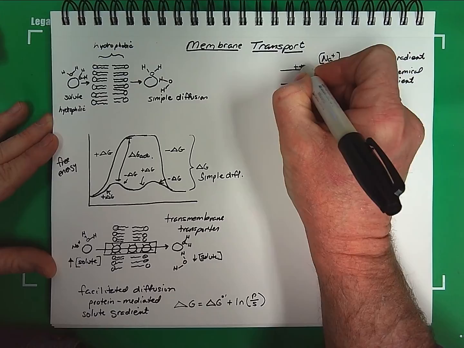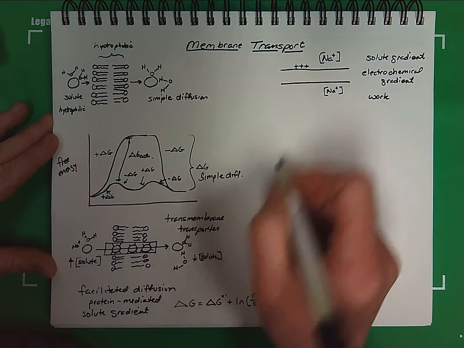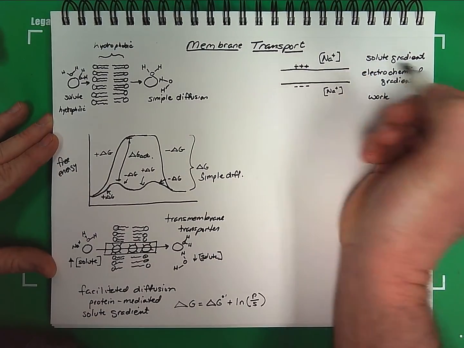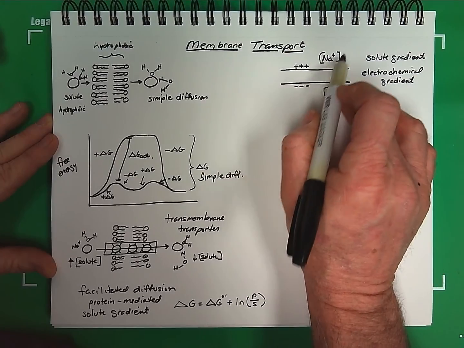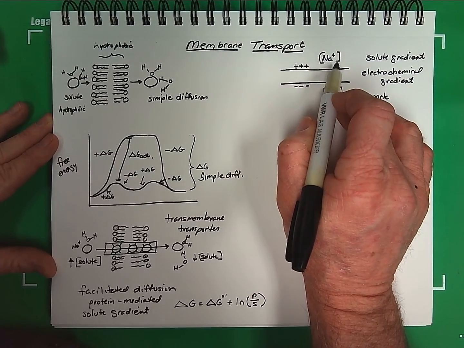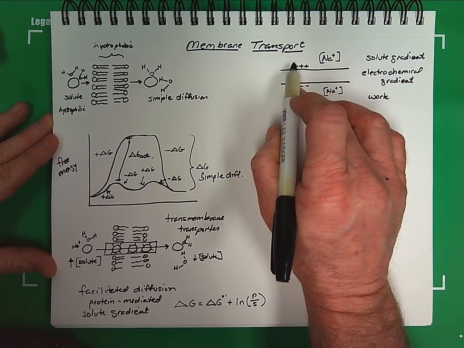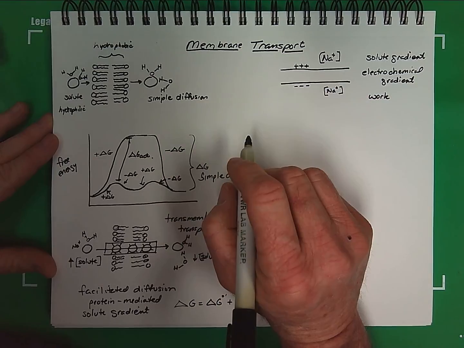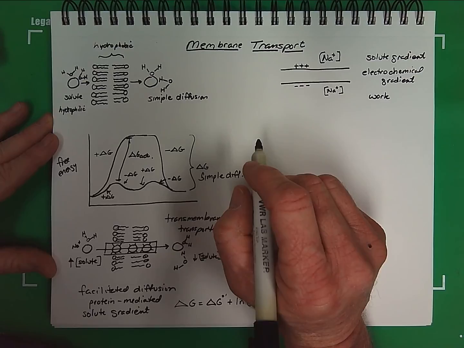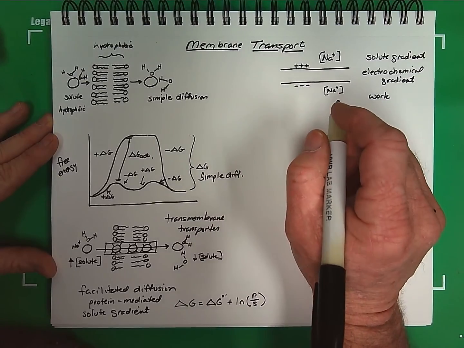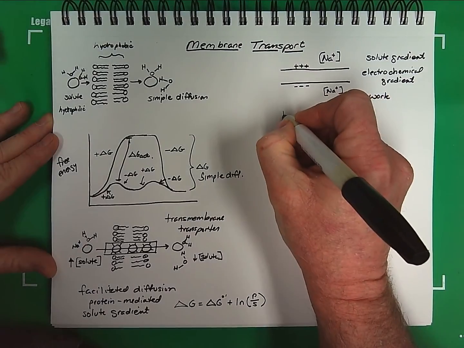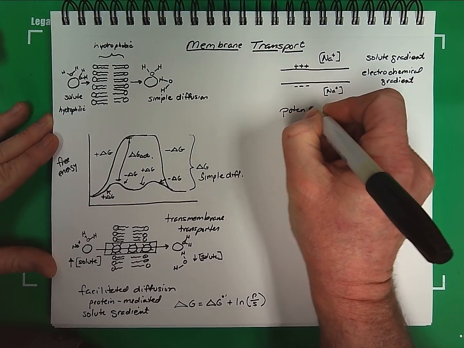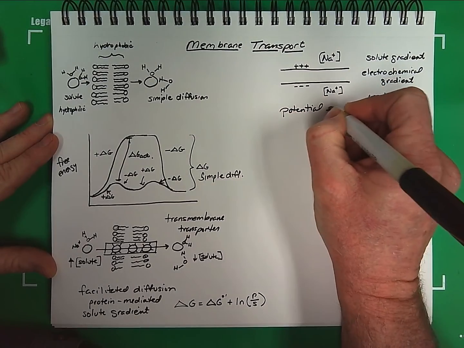Please also recall that this is going to induce a charge gradient, being the electrical gradient. If we have a higher concentration of sodium on one side of the membrane, we have a higher concentration of positive charge. Now the physics gets into this: when we have a gradient, we have potential energy.